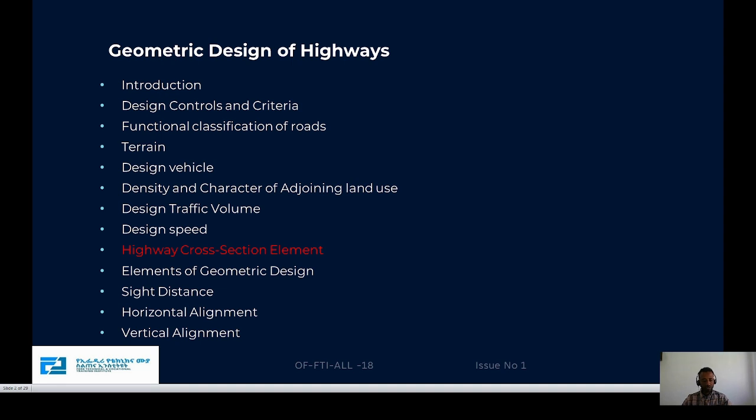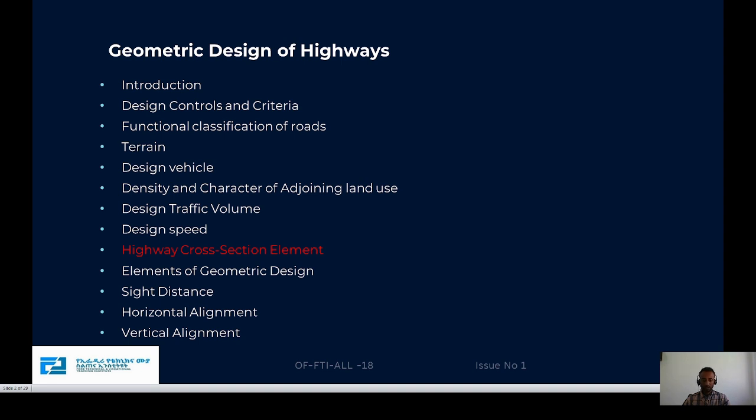So this design speed is related to the terrain nature and the functional classification, where we see the track roads have a higher design speed. When we go down to feeder roads, the design speed also decreases, and it is also related to the volumes and the design vehicles.